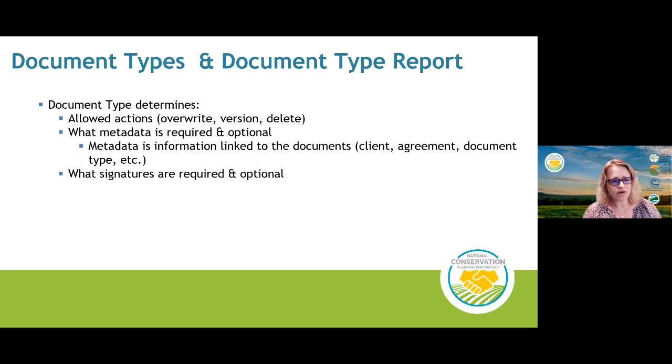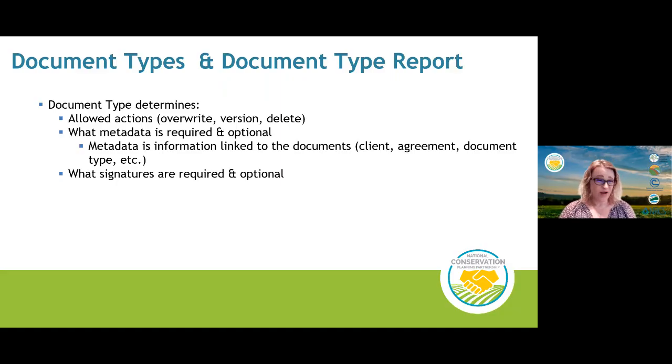One of the key concepts when you're working with DMS is the idea of document types. When you're uploading a document, one of the first things you need to do is select the type of document that you want to upload. That document type, say NRCS CPA 1202, determines what actions you'll be able to do once it's uploaded.